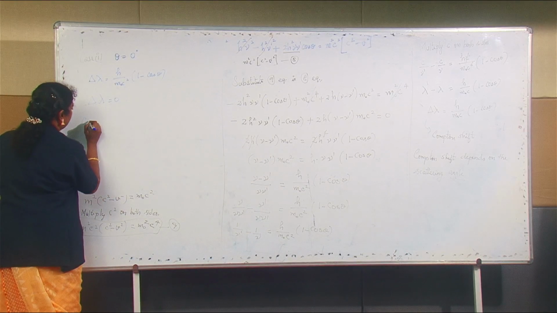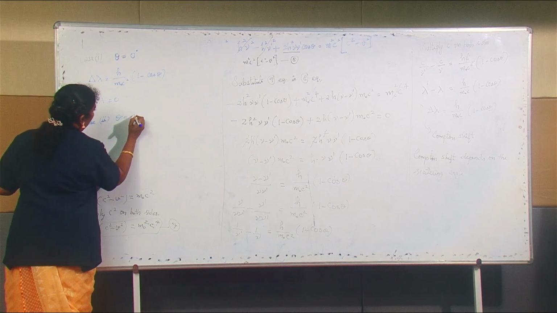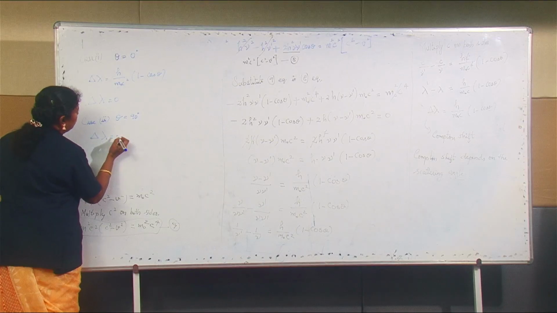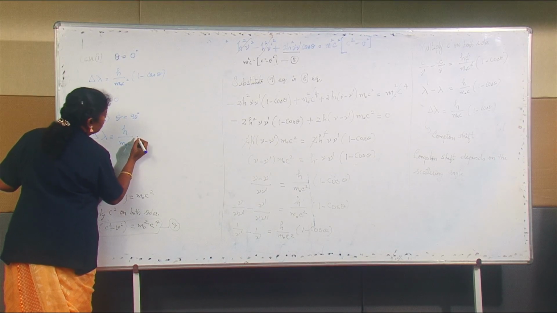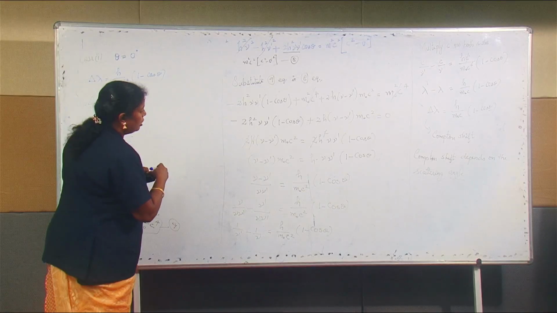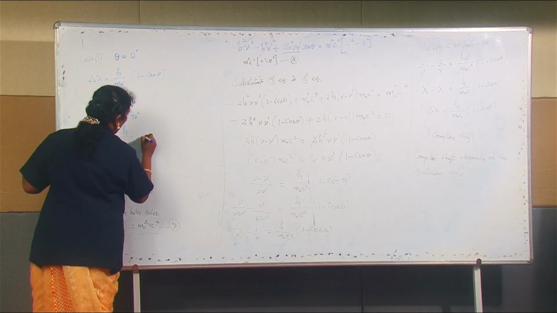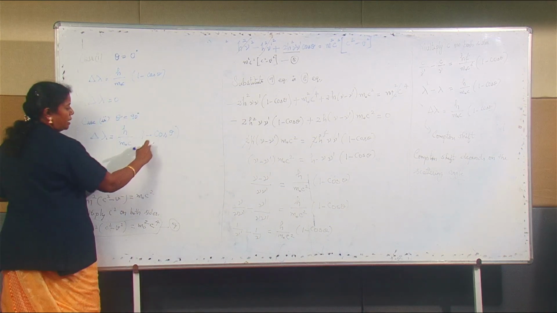Case 2: theta is equal to 90 degrees. What will happen? Delta lambda is equal to h by m naught c (1 minus cos 90), and cos 90 is 0.